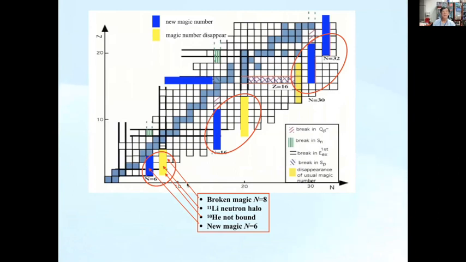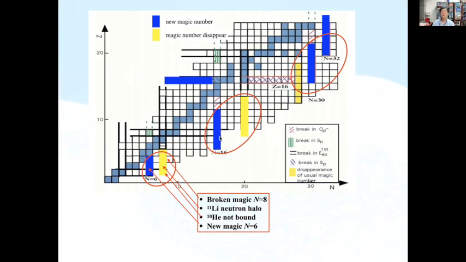So then I repeat this. We see many anomalies in neutron-rich nuclei since the radioactive beam experiments. Here, like the broken N=8 magic number and halo, and helium-10, which naively is a doubly closed shell, but it's not bound. And it seems like N=6 is a magic number. And here you see that this is the corner of the SD shell.